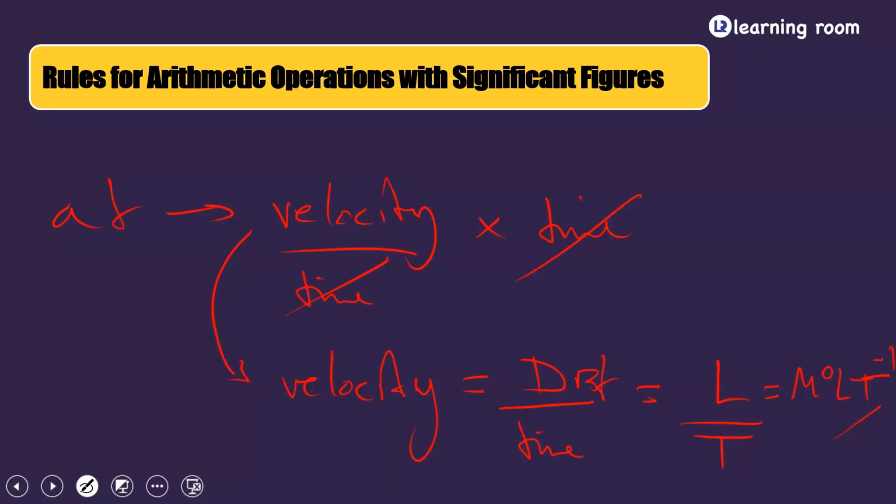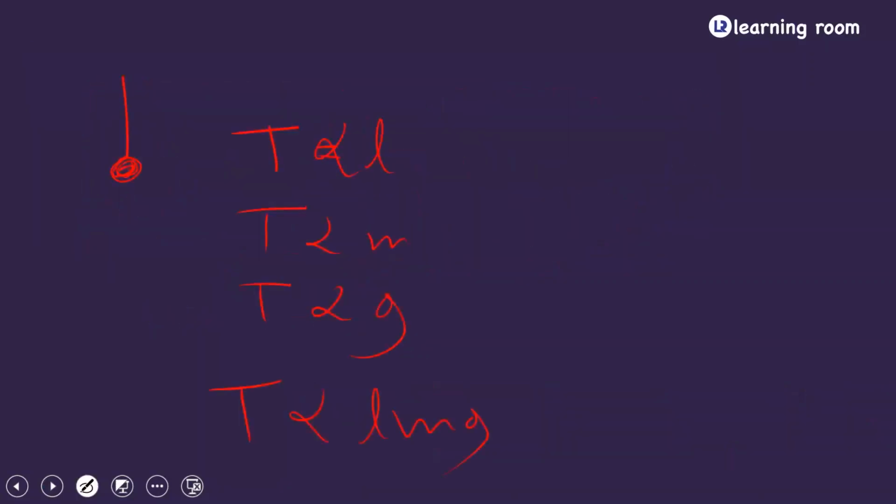Okay, let's just do it here. Velocity is distance by time.